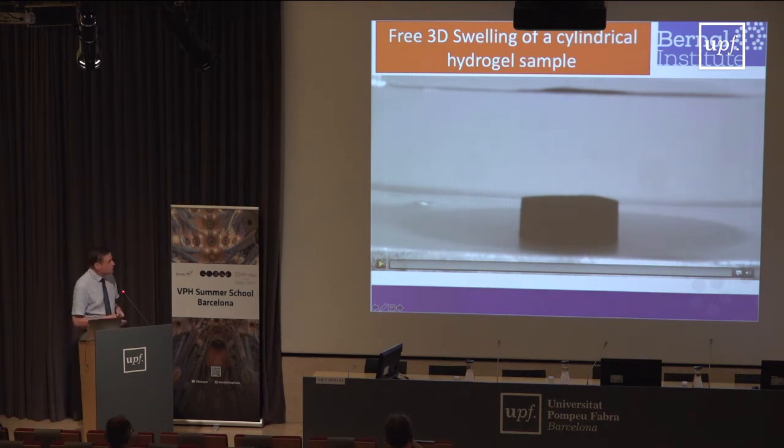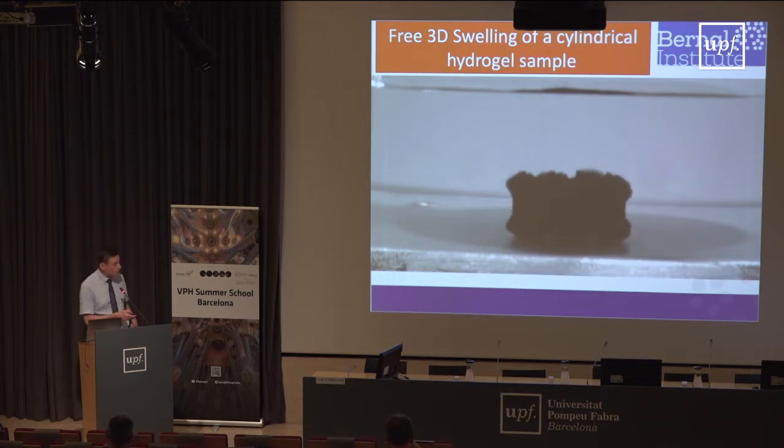another video which we've been making of a gel of a cylindrical form, and we move it from high salt concentration to low salt concentration, and then it starts swelling. And it starts swelling, but it develops surface instability, which here you can see very clearly because it starts with a cylinder.